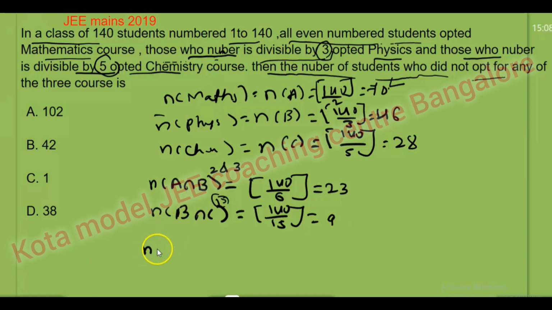Then n of C intersection A, or A intersection C. Those numbers are divisible by both 2 and 5. That means 140 by 10. Totally 14 students opted for mathematics and chemistry.